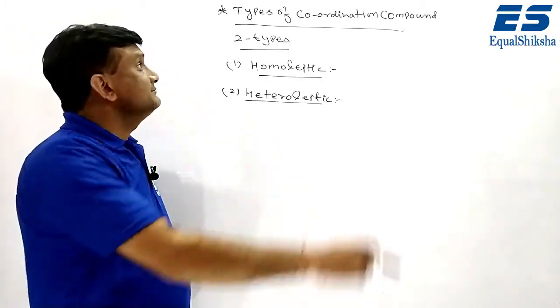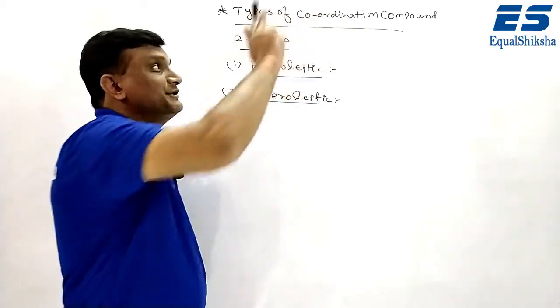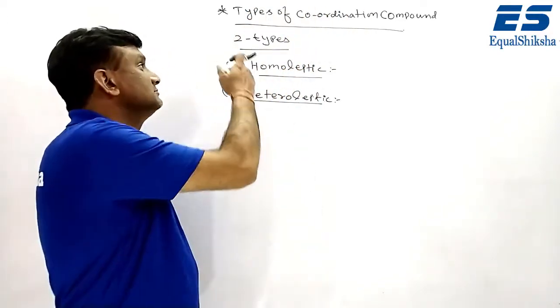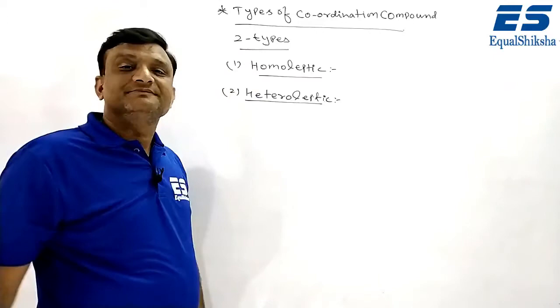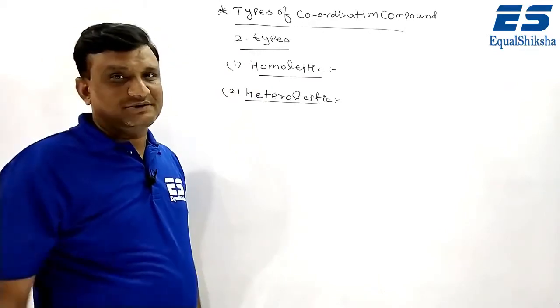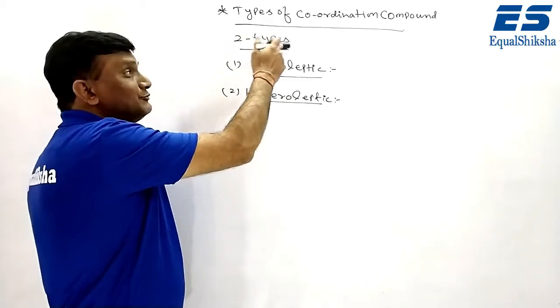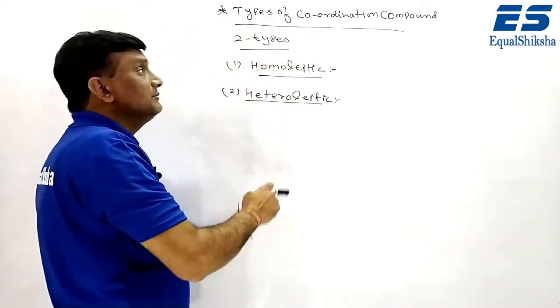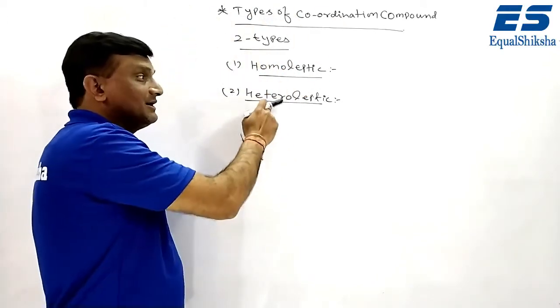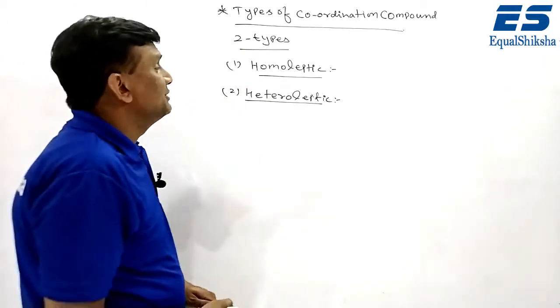Now is the time to discuss the types of coordination compounds. This topic relates to a 2-mark question in the board examination. The two types of coordination compounds are homoleptic and heteroleptic.